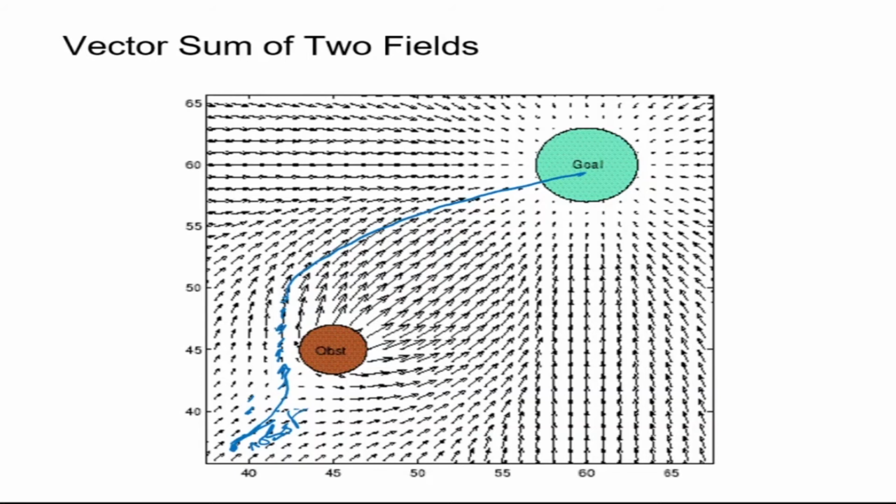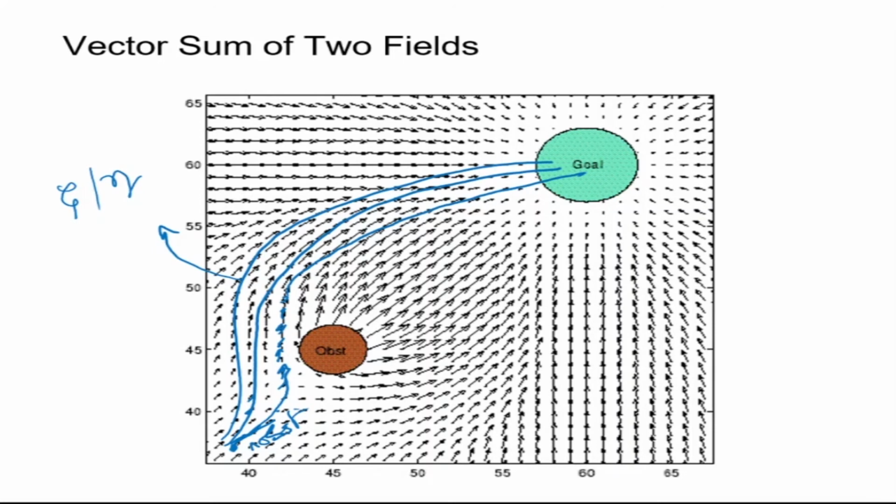Now how far will it be? Like this? Will it be like this? Which one? This depends on the values of zeta and eta. If the attractive field is very much larger than the repulsive field, then it will go closer and closer to the obstacle and it will go almost like a straight line towards the goal.